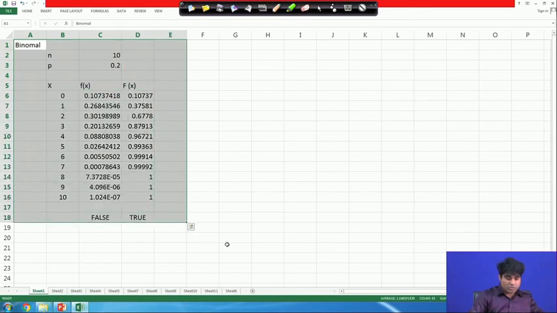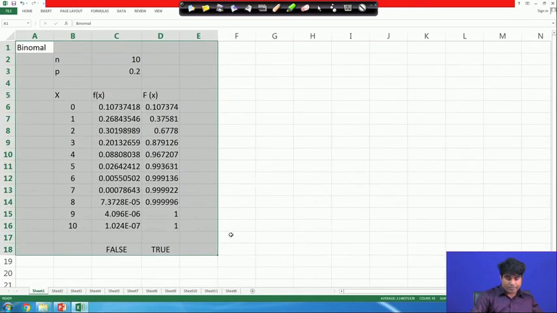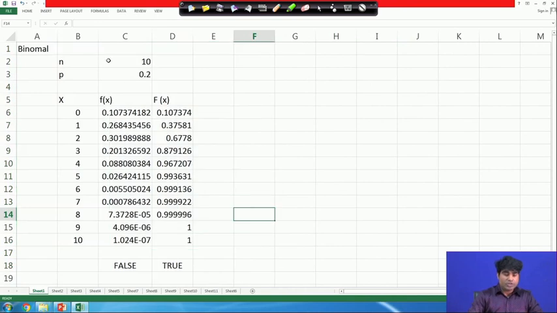Okay. So let me make it a little bigger. So see here, in the binomial distribution the parameters are n and p. This is a sample case, and this is the probability value, and here this is the binomial distribution.